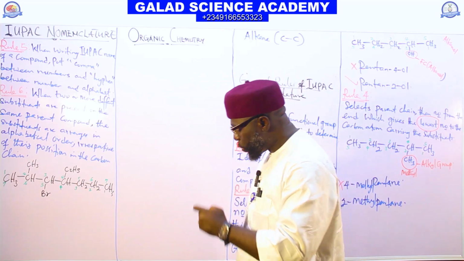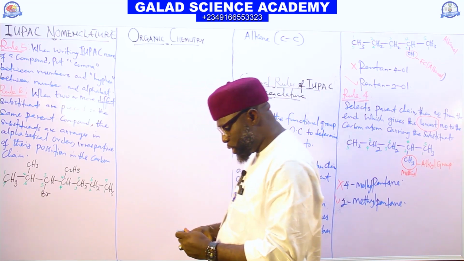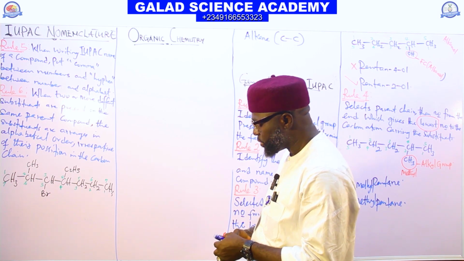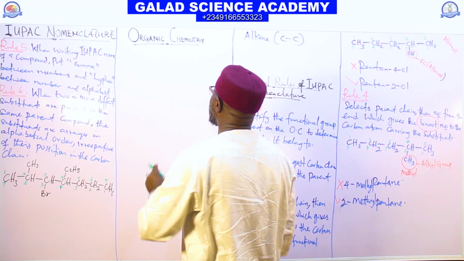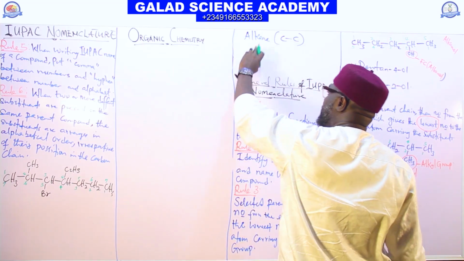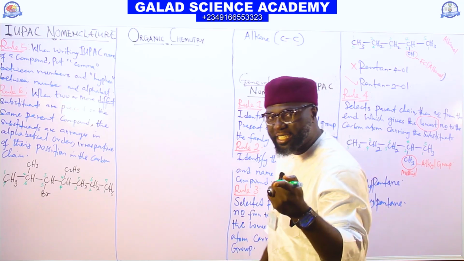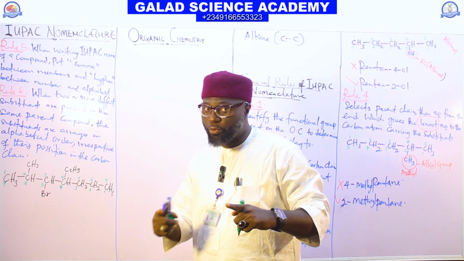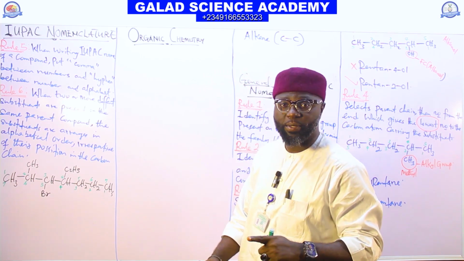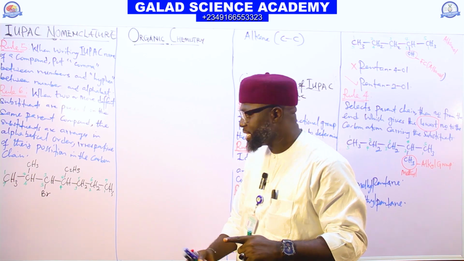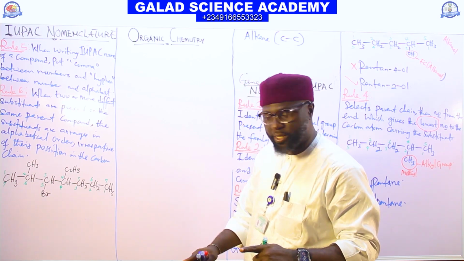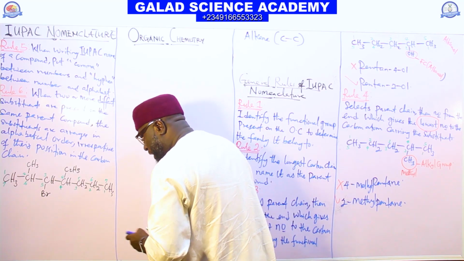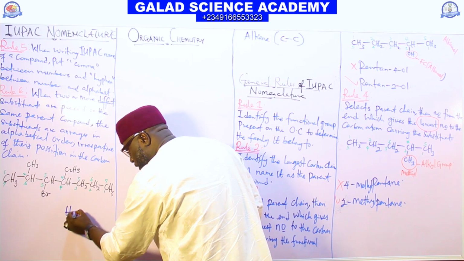So when it's 7, what will be the parent name? Note: 1 is meth, 2 is eth, 3 is prop, 4 is but, 5 is pent, 6 is hex, 7 is hept. So we can now call this one heptane.